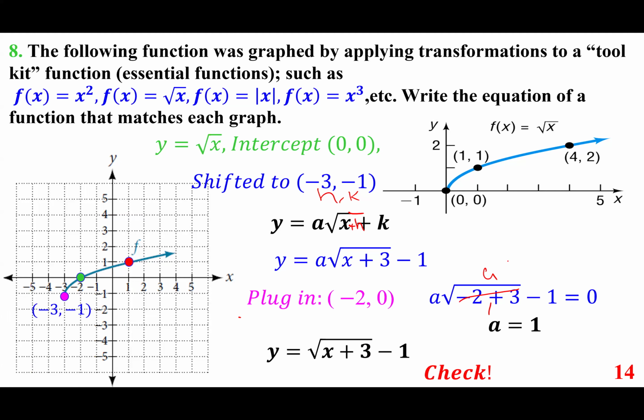Now you have to check. For example, this point has coordinates 1, 1. If I put 1 here, I get 4. Square root of 4 is 2, minus 1 is 1, so that checks. Definitely check your work. It doesn't take long, everybody.